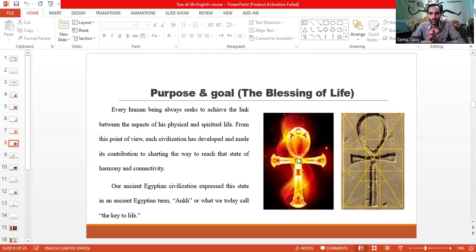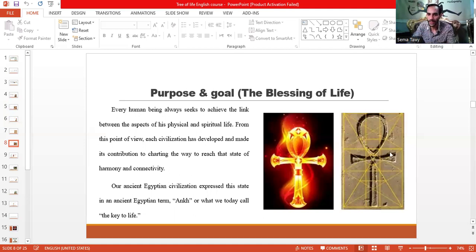Each part of this key of life represents a part and a step that leads you to the blessing of life. Each part of this key of life represents a part of your life.